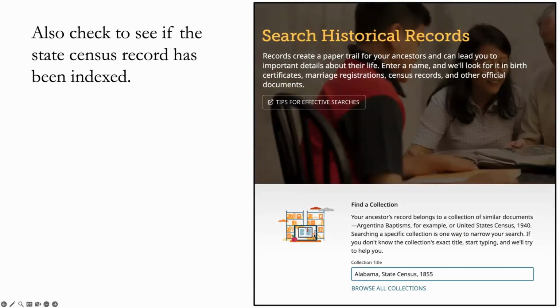We need to also check whether or not a state census record has been indexed. Now, the whole issue of indexing is rapidly changing. I mean, changing day by day. Every day changes.